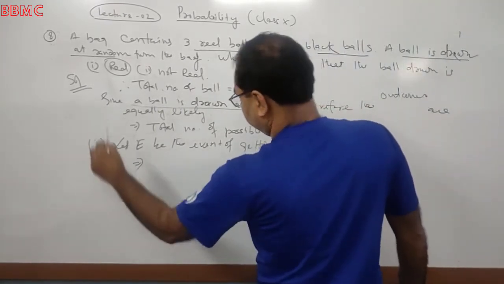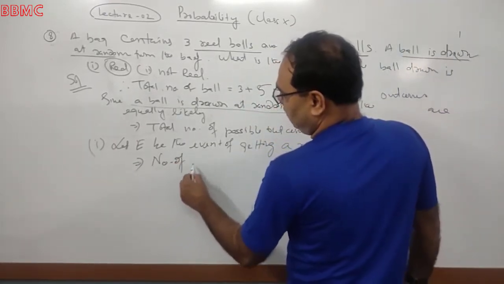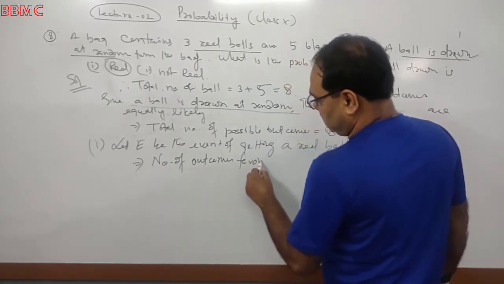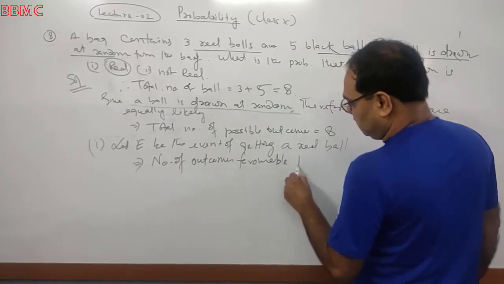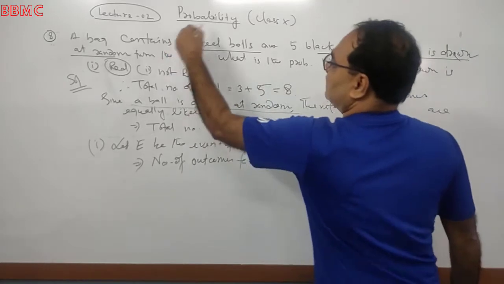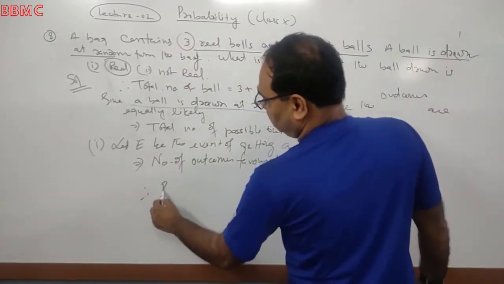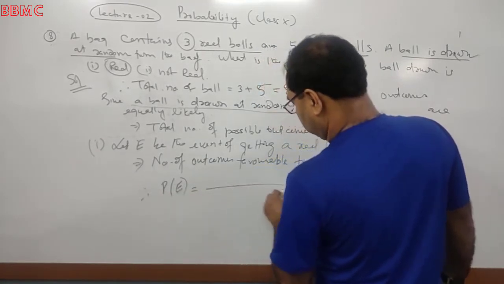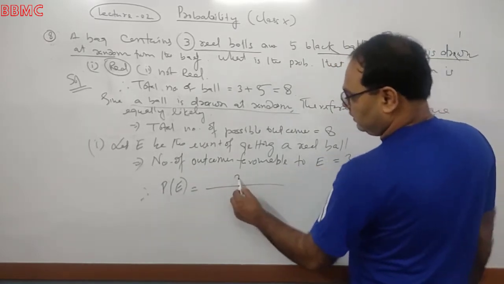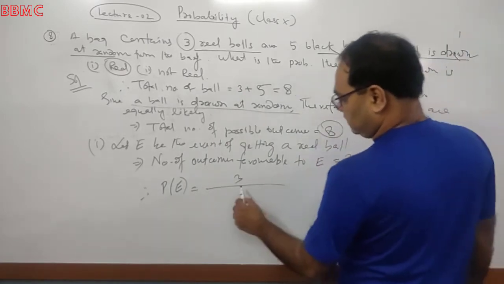This implies the number of outcomes favorable to E is equal to 3, the red balls. Therefore the required probability P of E is equal to, what is the definition? Number of outcomes favorable to E, 3. What is the total number of possible outcomes? 8. This is the answer.